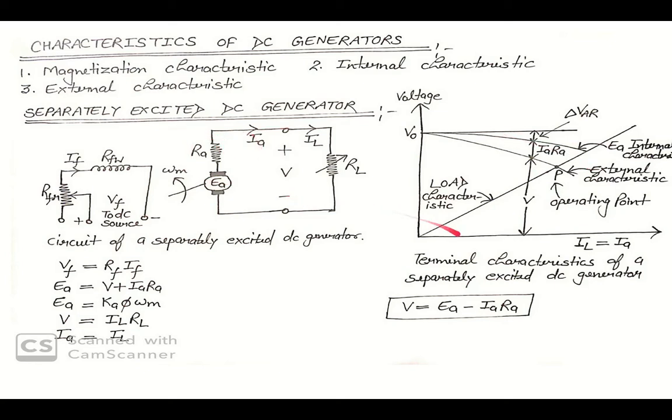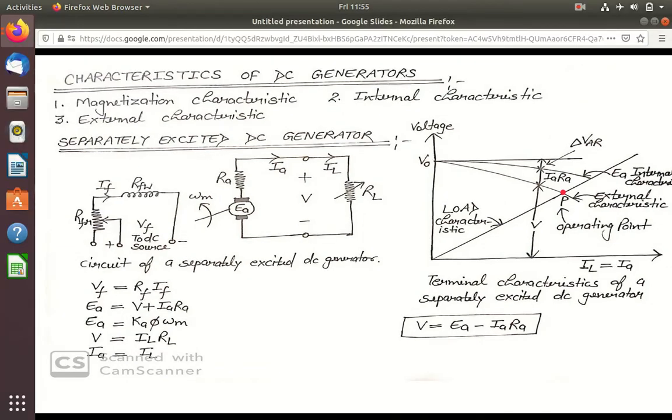The generator external characteristic is represented by voltage versus load current. Load current is IL. So for the external characteristic, we have a plot of voltage versus load current.